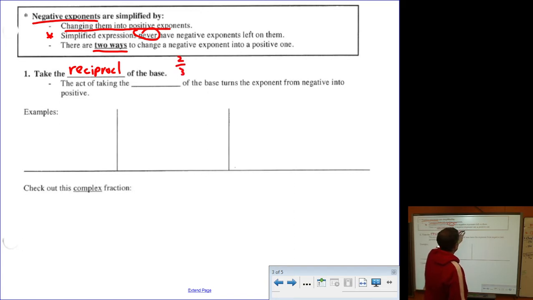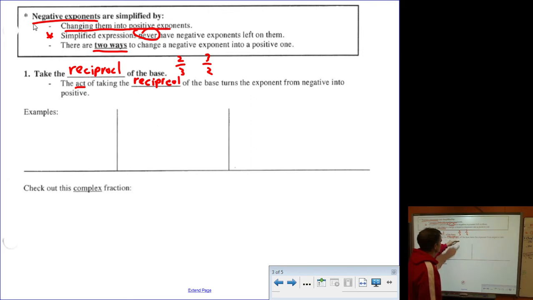Like 2/3 and 3/2. A reciprocal is just a fraction flipped over. The act of taking the reciprocal of the base turns the exponent from negative into positive. And by the way, that would work the other way also. It could turn a positive into a negative, I suppose, if you wanted to take the reciprocal.